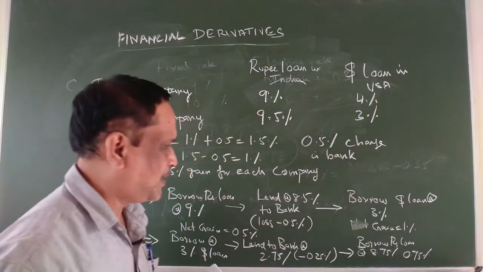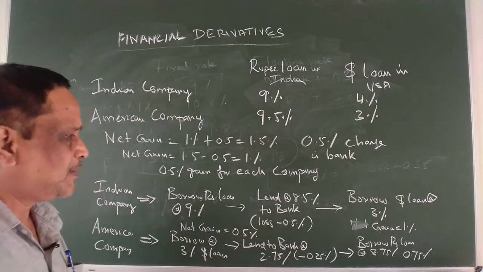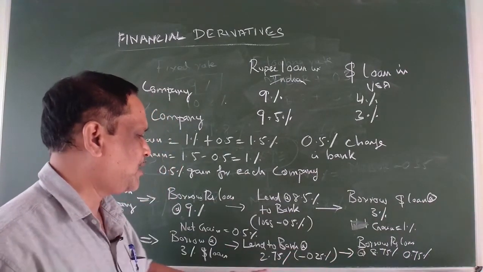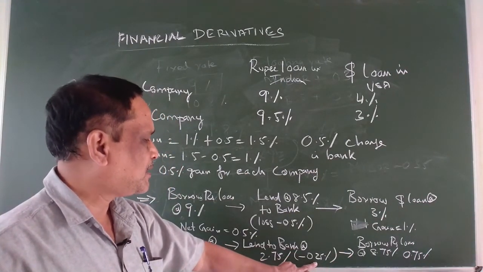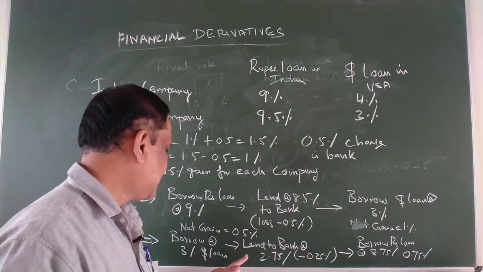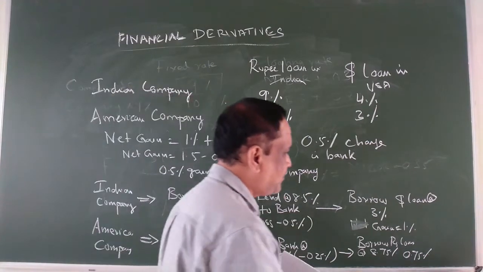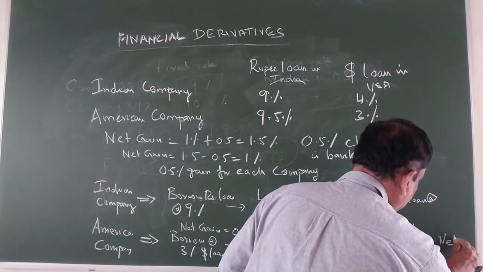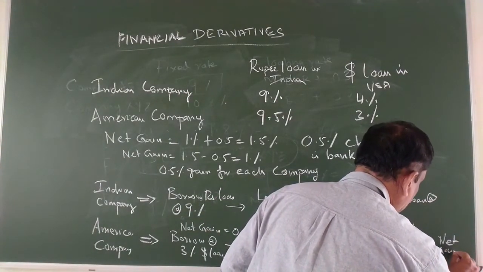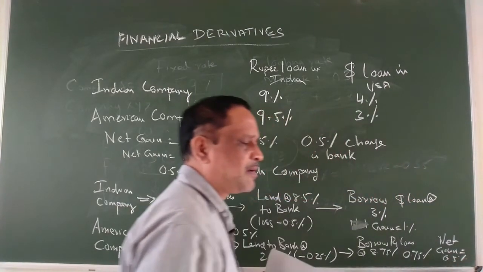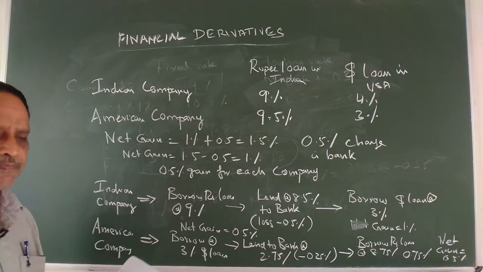So 0.75 percentage gain in the rupee loan, and they lose 0.25 percentage in the dollar loan. Again the net gain will be 0.5 percentage for the American company.